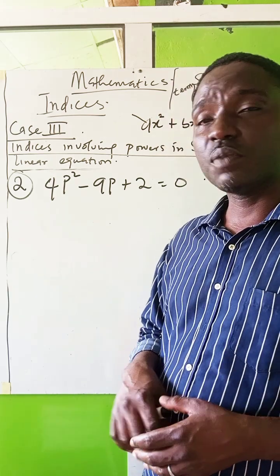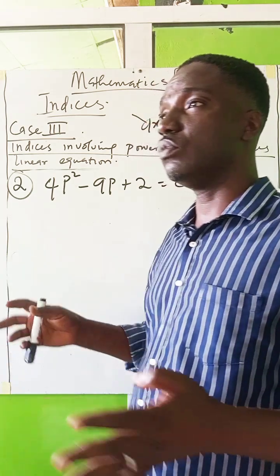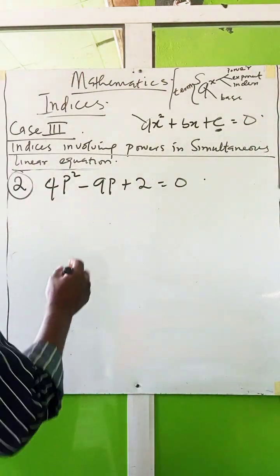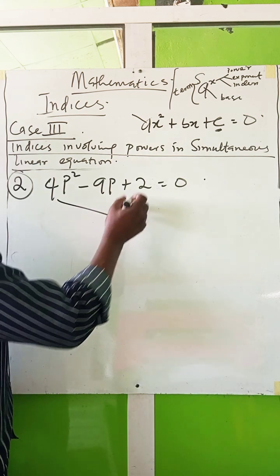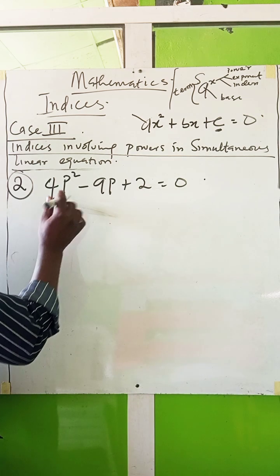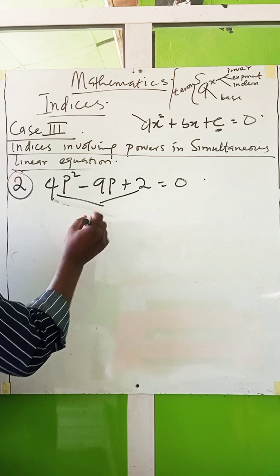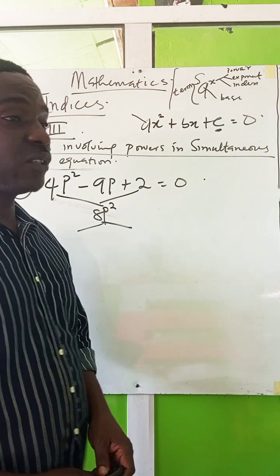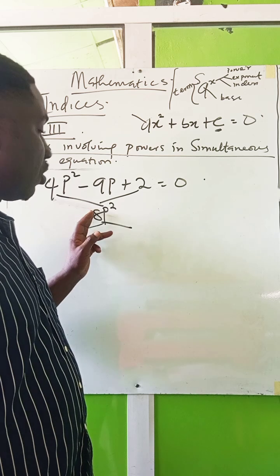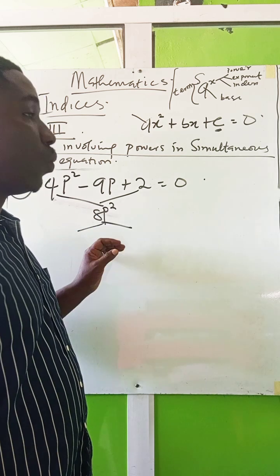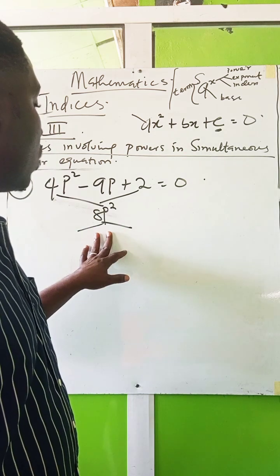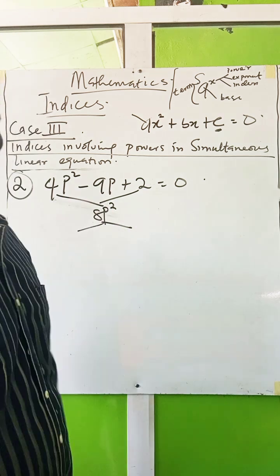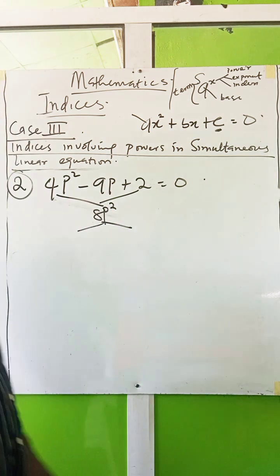Now, in the factorization method, the rule states that we multiply the first term and the constant together. This gives us 8p squared. Then we find two factors of this such that when we add them, they should give us the middle term.